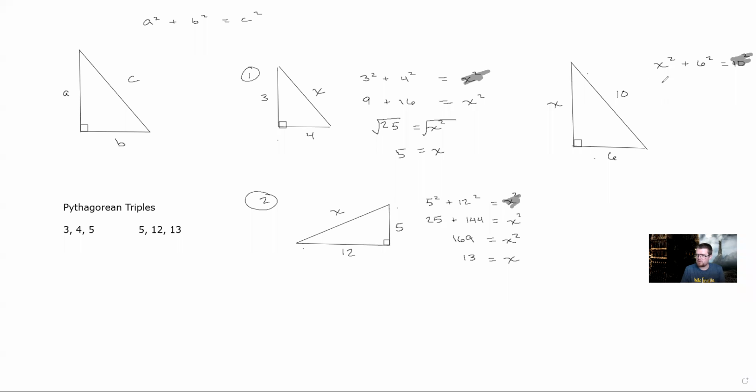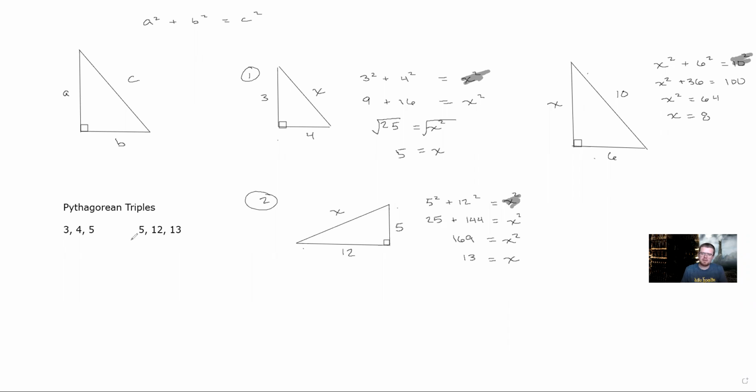From here, we do the arithmetic. 6 squared is 36. 10 squared is 100. If I subtract 36 on both sides, I get 64. And then I would take the square root of 64, ignoring the negative, to get the missing side, which is 8.